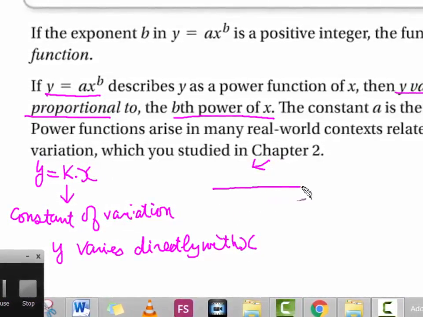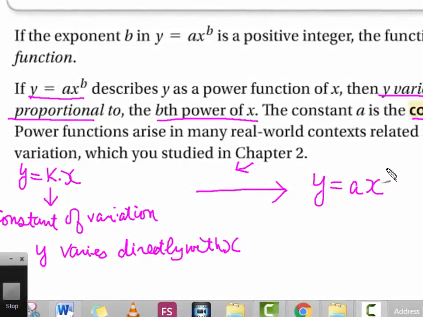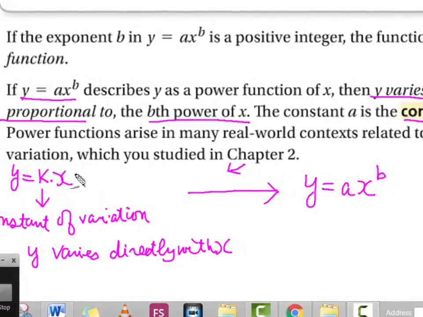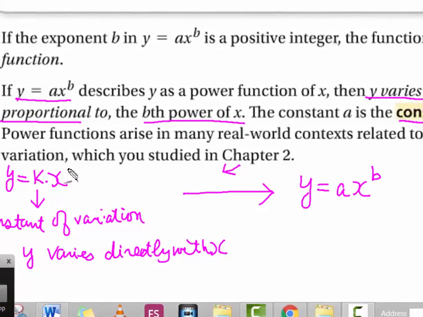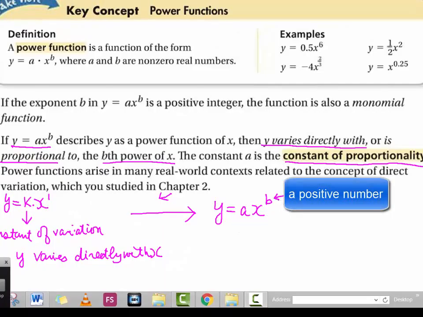So the only difference when you compare this one to y equal to a x to the b power is that in constant of variation, the power of x is 1, while in the power function, b is a positive number. It could be an integer or it can be a fraction. And in both concepts, y is proportional to x.